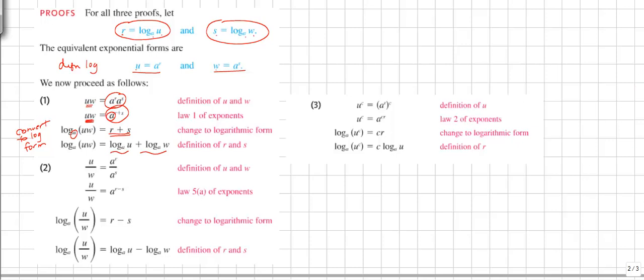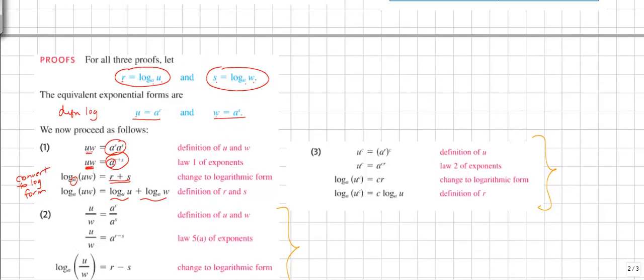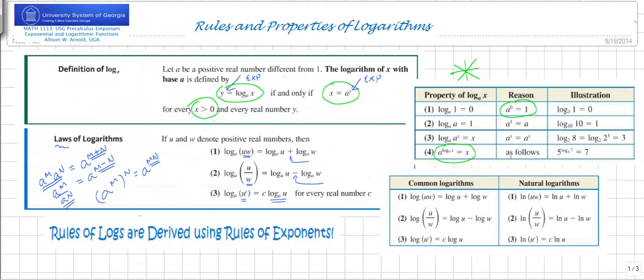Now, if I were you, I would carefully work through Rule 2 and Rule 3 using the examples from the book, and then go back and make sure that you understand that the rules of logs are just as important for us to memorize as the rules of exponents, but they are derived from those rules of exponents.